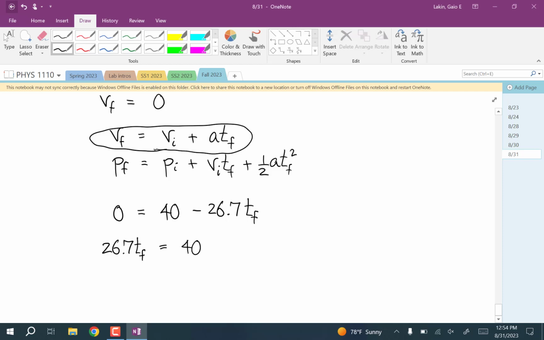And then can someone divide 40 by 26.7 for me? So TF is equal to 1.5 seconds. Any questions about that?